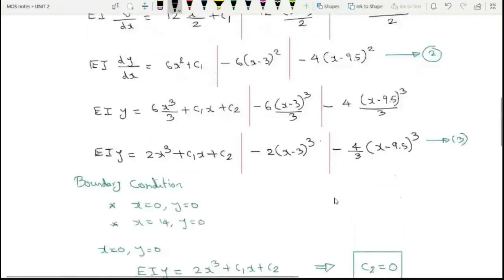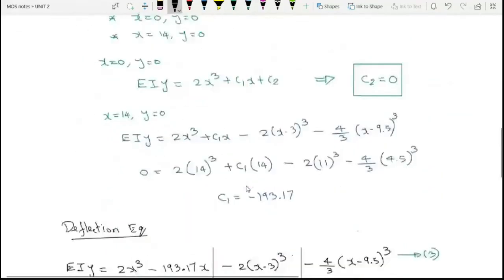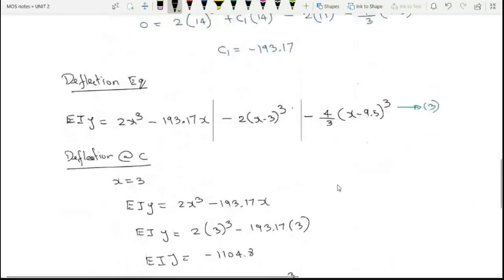You have to substitute x is equal to 9.5. So when you consider x is equal to 9.5, my equation is till 1 and 2: 2x cube minus 193.17x minus 2 into x minus 3 the whole cube. So that is my equation. You have to use that equation and find out what the deflection is.